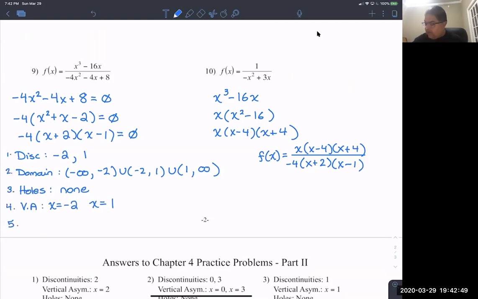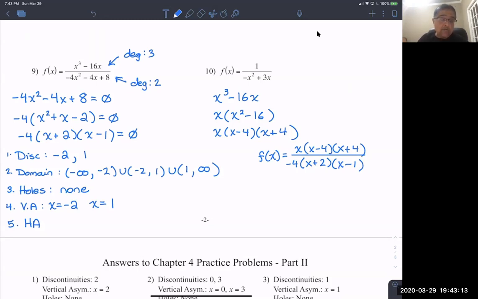Now, the last thing we want to do is horizontal asymptote. Remember, we have to look at the degrees of both the numerator and denominator. This is degree 3, and the denominator's polynomial is degree 2. Now, remember what happens when the degree of the numerator is larger.